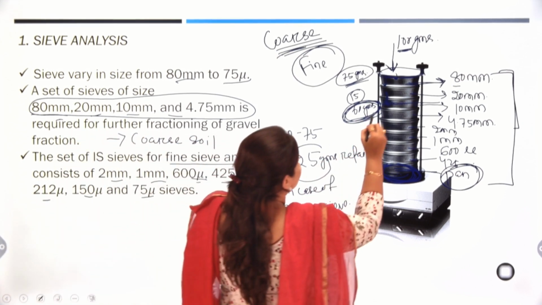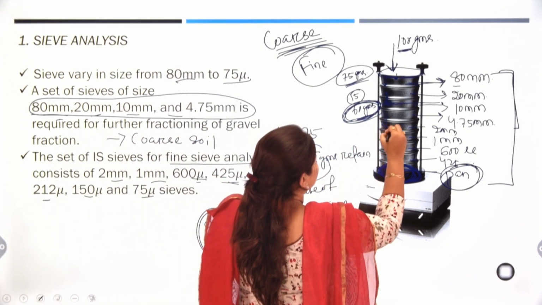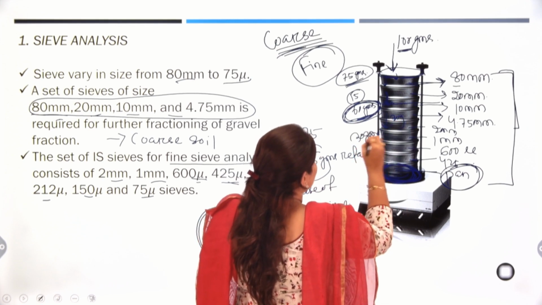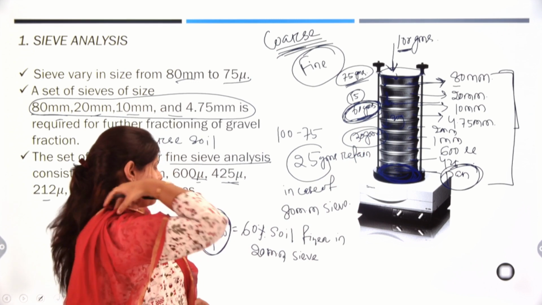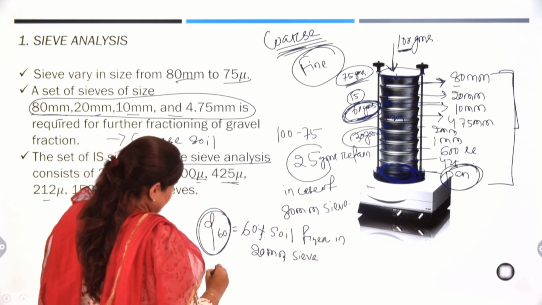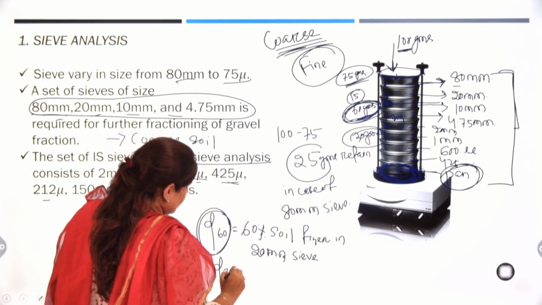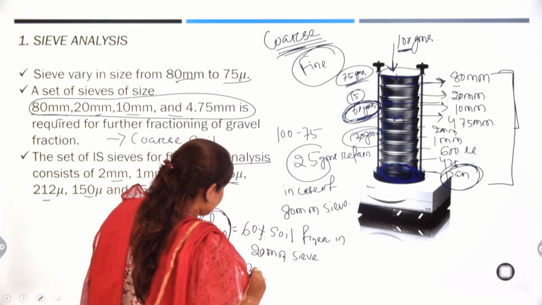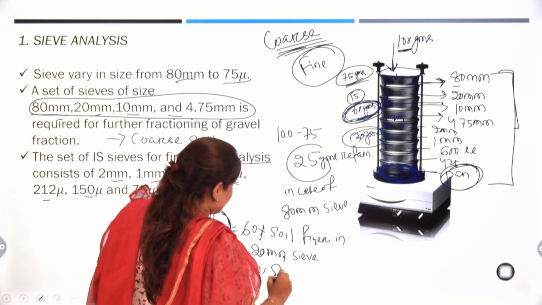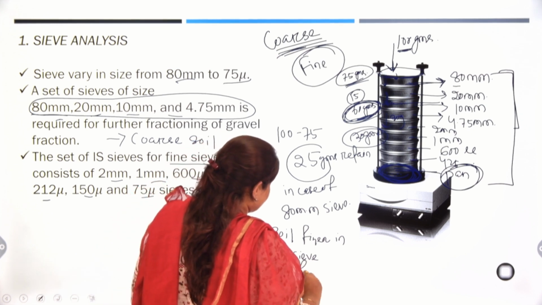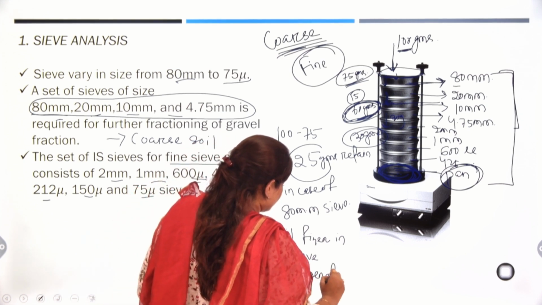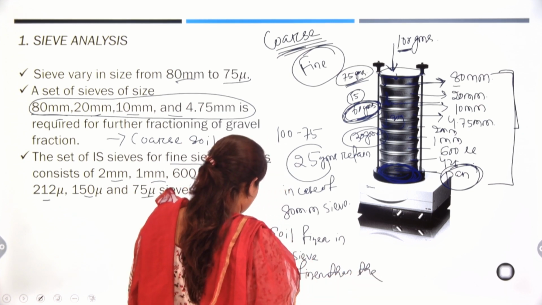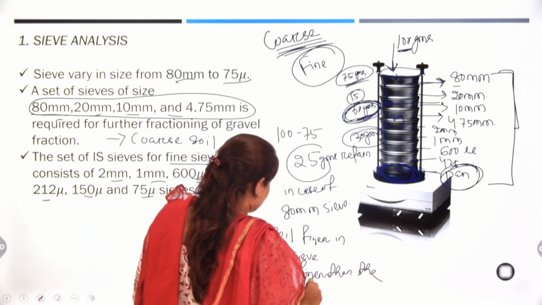Now from this 60 gram, here 30 gram passes and 30 gram is retained. In this manner we will get our D30 value. We can write 30% soil finer than the other soil is D30.